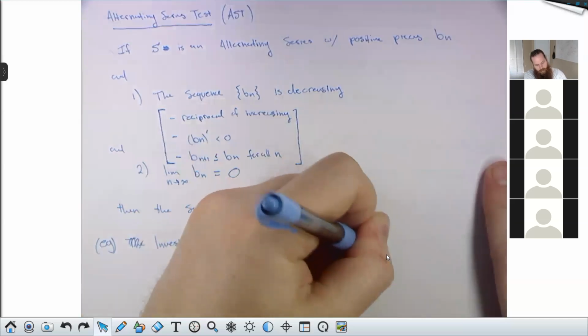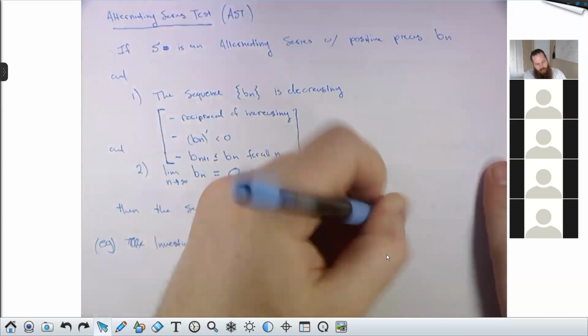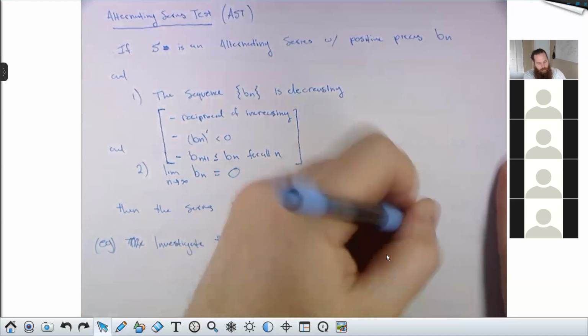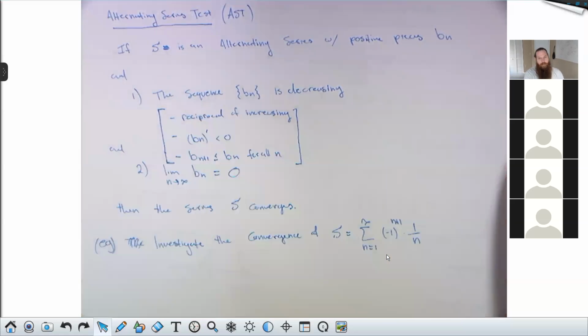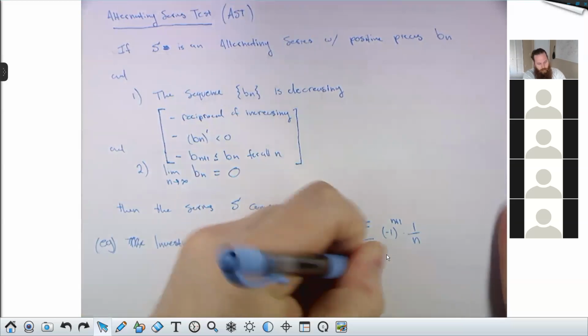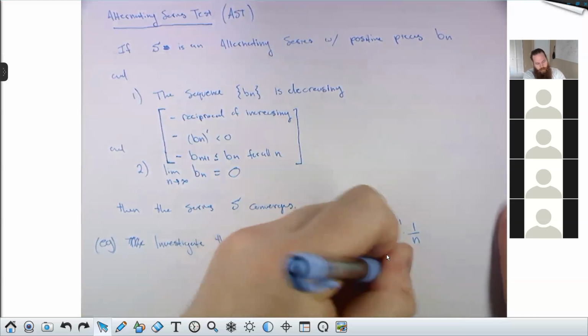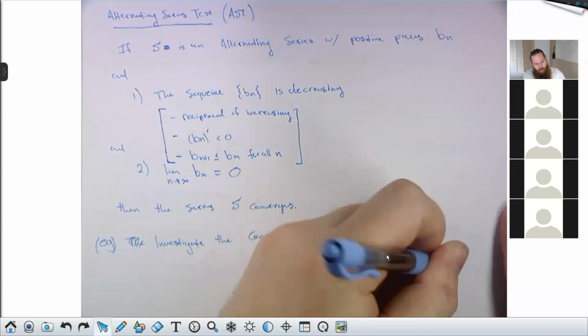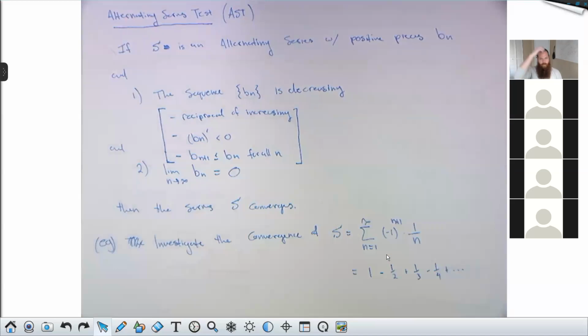Sigma n equals 1 to infinity, negative 1 to the n plus 1 times 1 over n. This is called the alternating harmonic series, because its first few terms are 1 minus 1/2 plus 1/3 minus 1/4 plus and so on, like we saw on the previous page. It flips back and forth in sign from positive to negative, positive to negative.